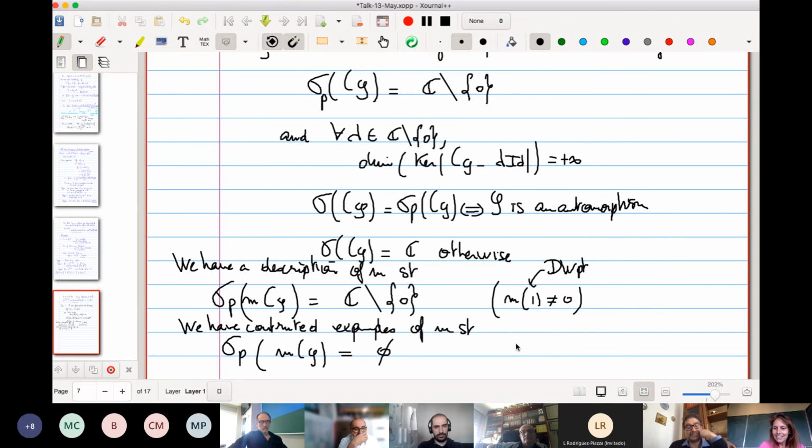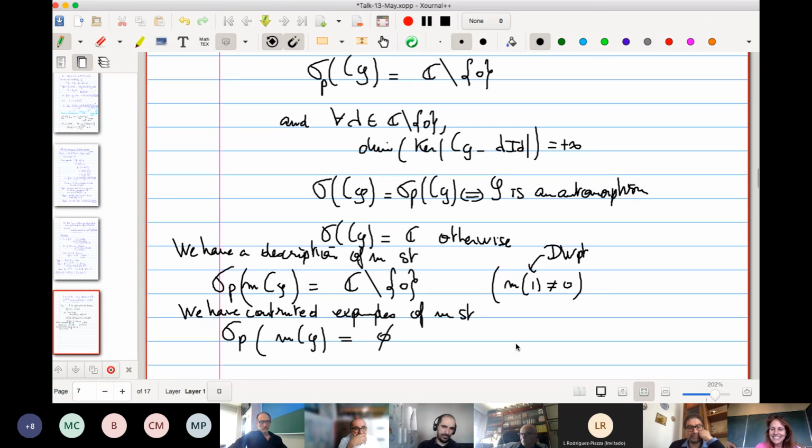So when you add a weight, it's really very chaotic. I think it's nearly impossible to hope to describe all the possible weights for which you have this phenomenon without a condition on what happens in the neighborhood of the Denjoy-Wolff point.